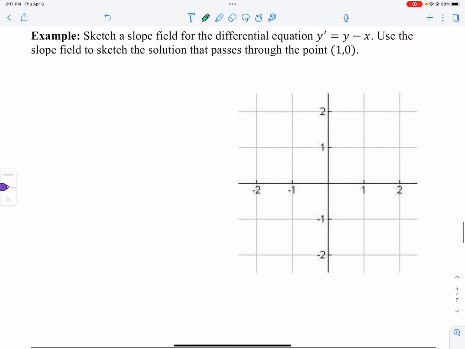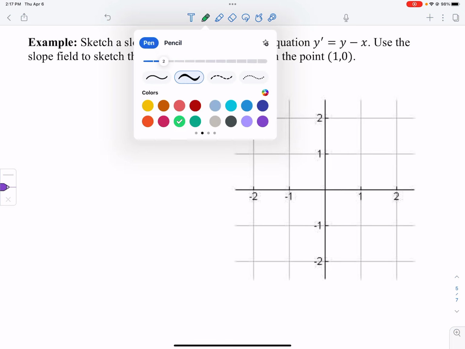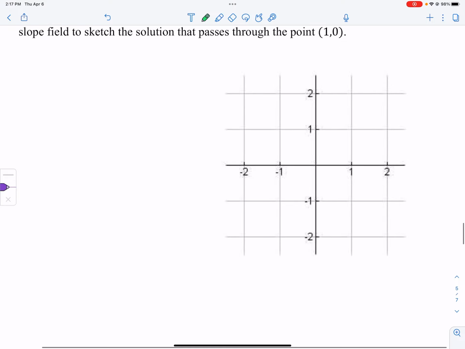Now it can be really helpful to identify trends. So for example, for this differential equation, y prime equals y minus x, maybe starting with identifying where y prime would be equal to 0, right? Like where there would be horizontal line segments, horizontal tangent lines.